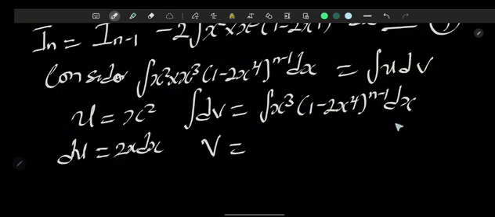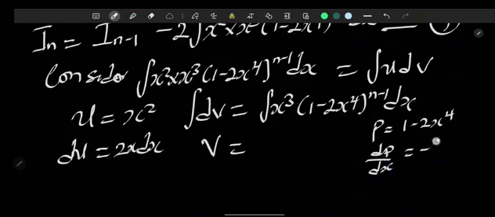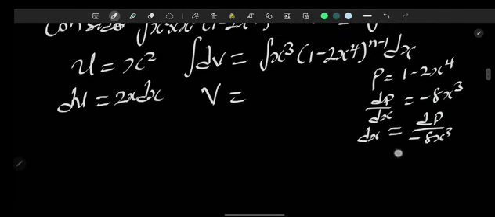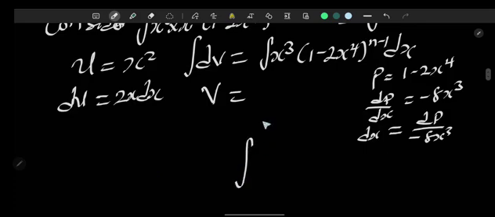If you let p be 1 minus 2x^4, then dp/dx is minus 8x^3. So dx is going to be dp over minus 8x^3. I'm going to remove this later, but let me just use that to explain. By the time you make the substitution here, you have x^3 times p^(n-1), then the dx is what?